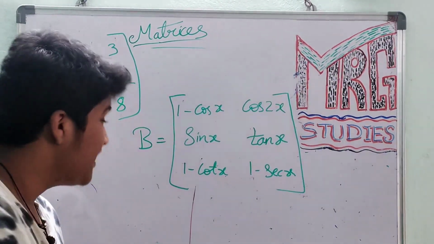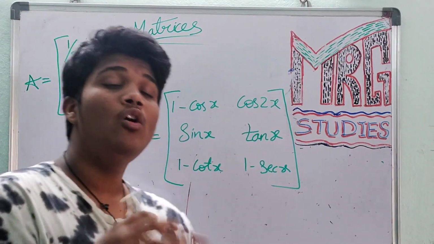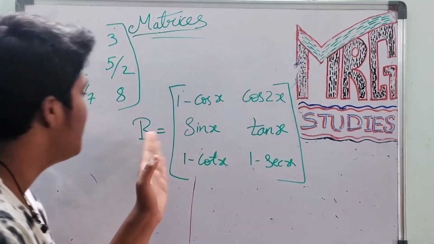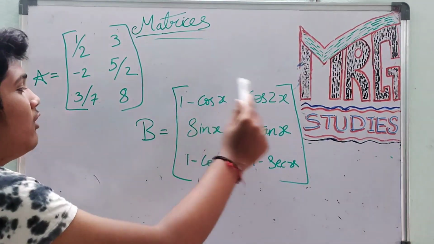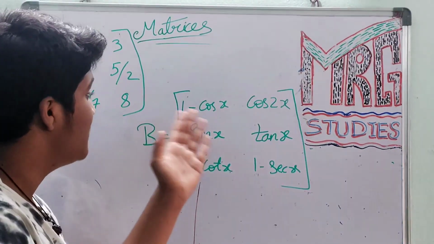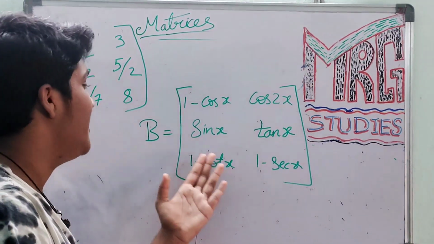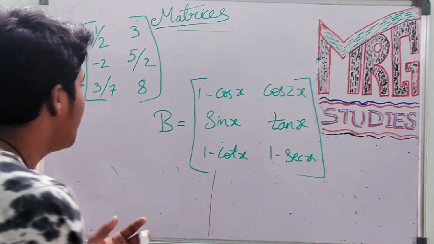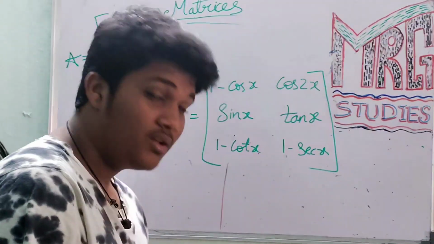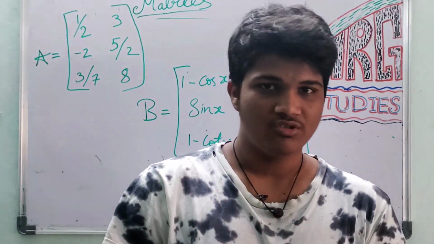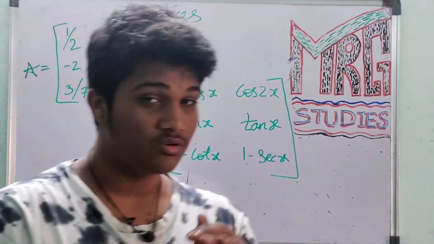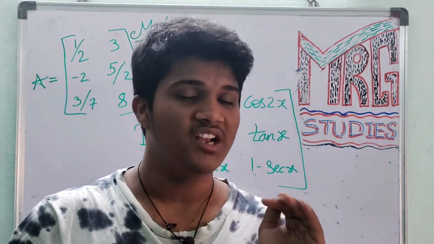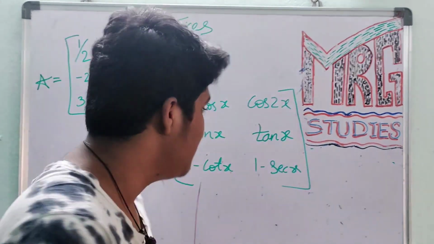We can represent all types of numbers in matrices. In matrix B, we have functions: 1 minus cos x, cos 2x, sin x, tan x, 1 minus cot x, 1 minus sec x. So we can represent all things. By representing them, we should solve them also. So that is how a matrix can represent the data of numbers.